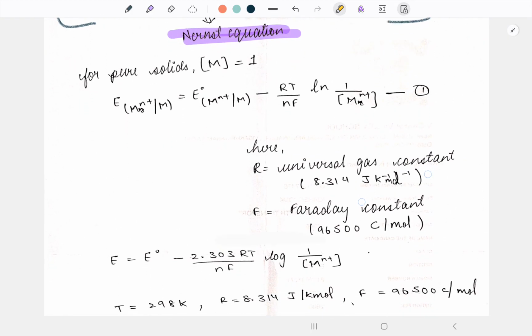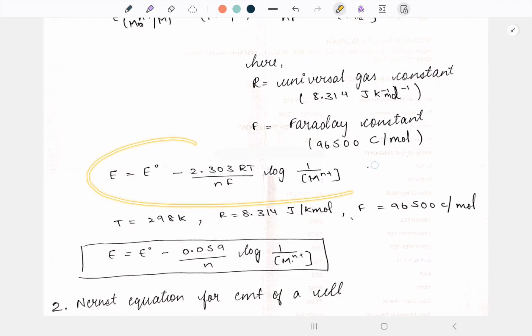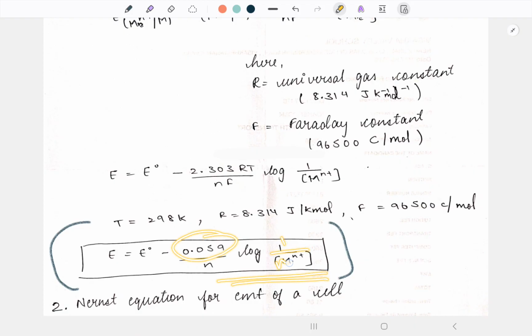Next the ln using logarithms will be converted into log, that is 2.303 will be multiplied. And if we take 298 Kelvin and place the values of R and F, we will get the equation to be E0 minus 0.059 by n log 1 by M^n+.